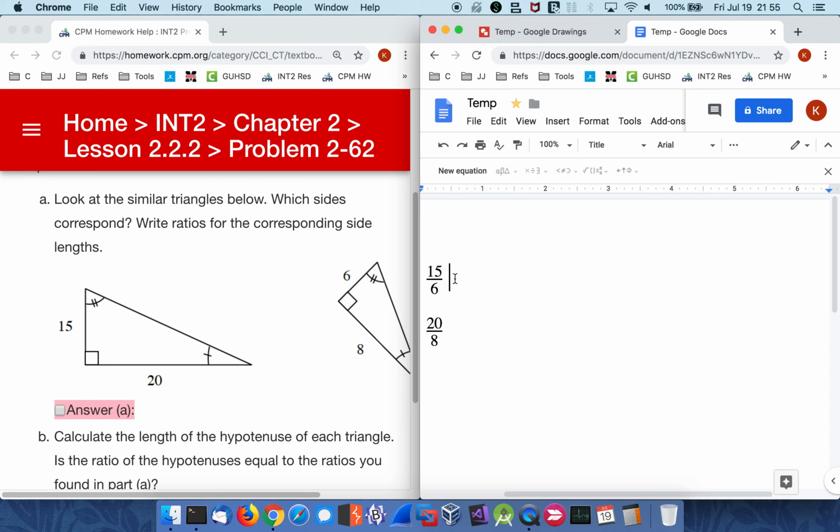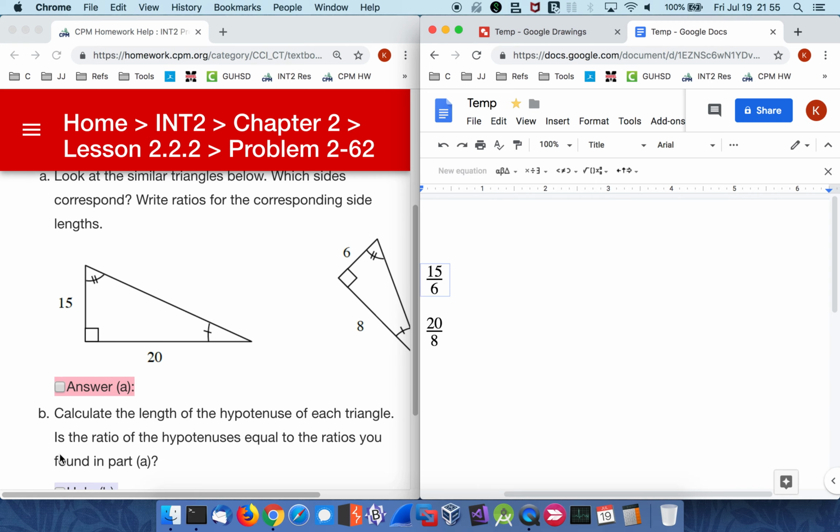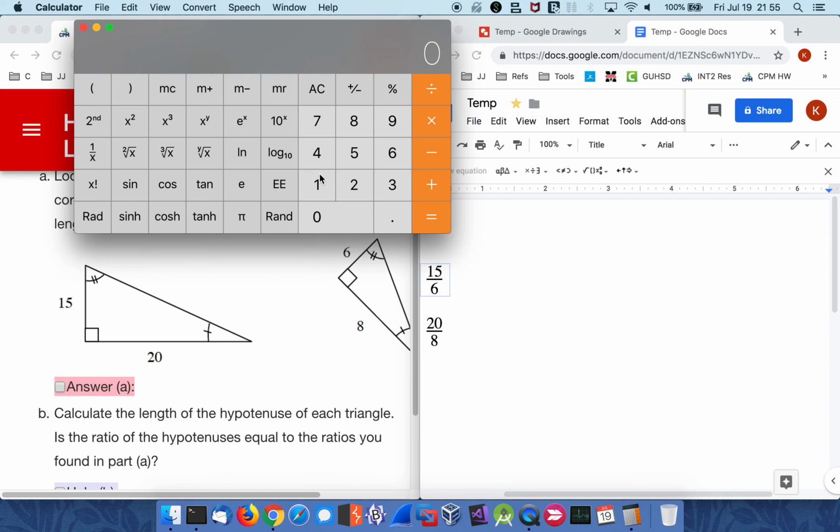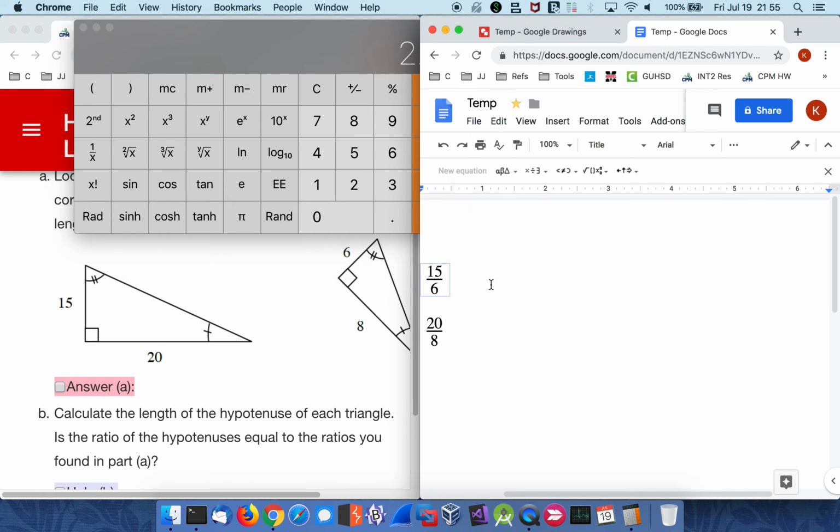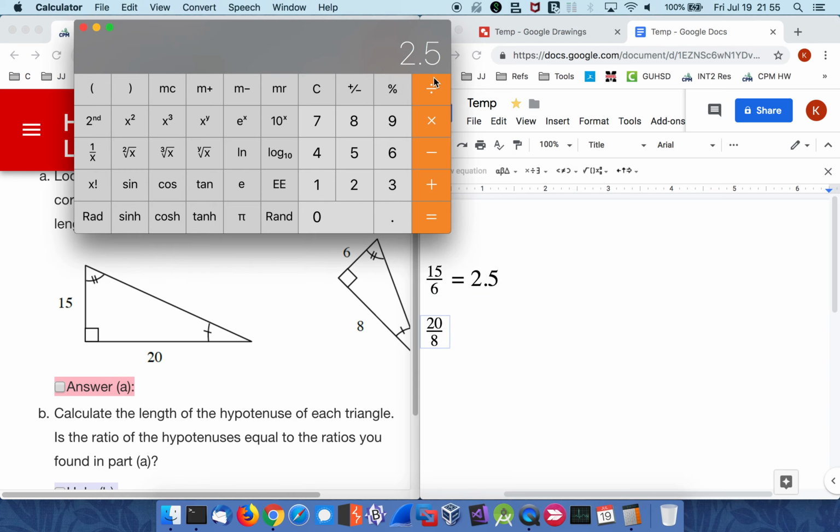And then we can just compare because they want us to just see what the ratio is. Write the ratios, so let's go ahead and just calculate that out. So what is 15 divided by 6? 15 divided by 6 equals 2.5. Alright, so what does 20 to 8 equal? So 20 divided by 8 should be the same, 2.5.